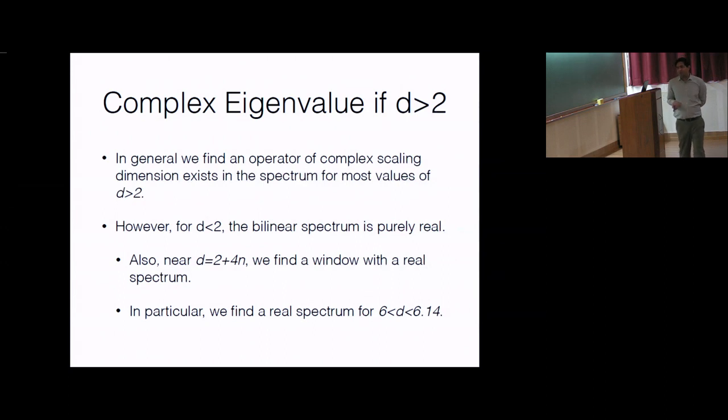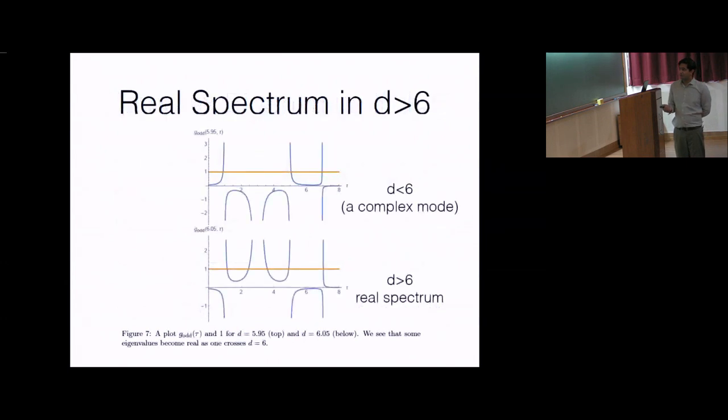Maybe tensor models are related to M5 branes, and it's true you get a real spectrum near d equals 6, but I don't have anything concrete to say about it, and this is just the spectrum near d equals 6.